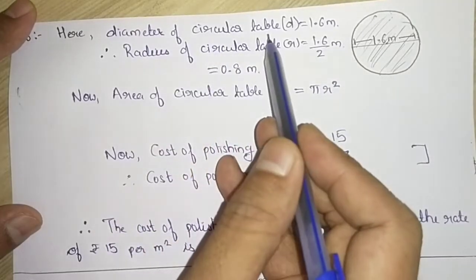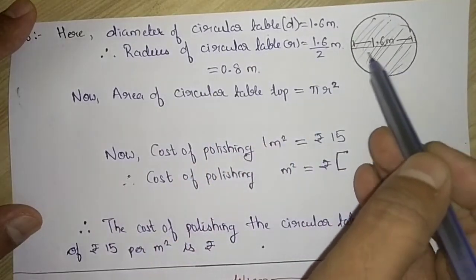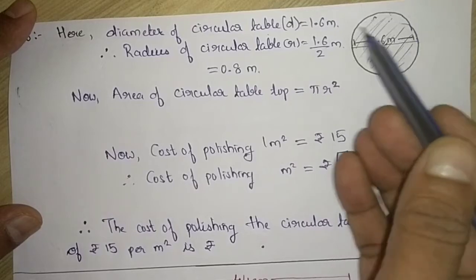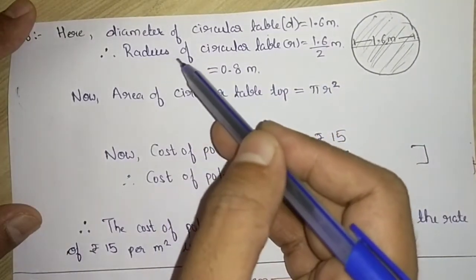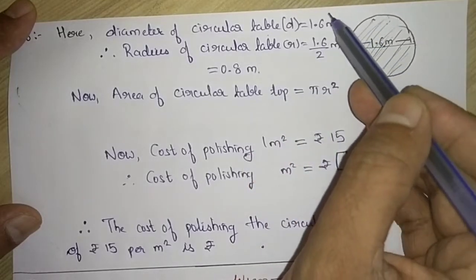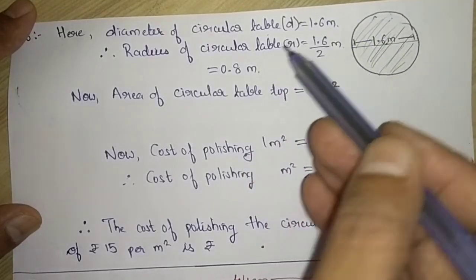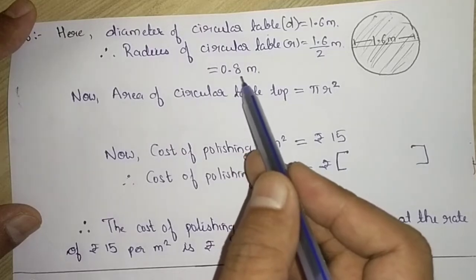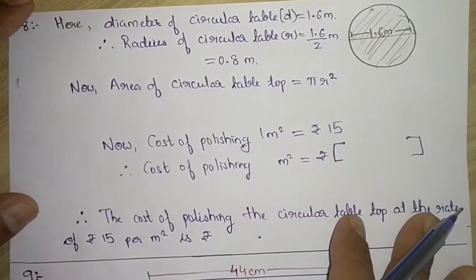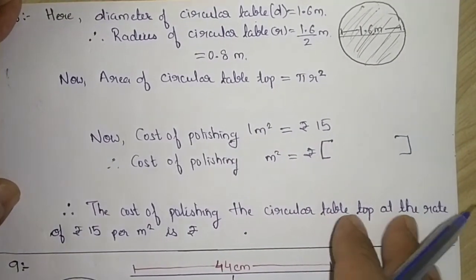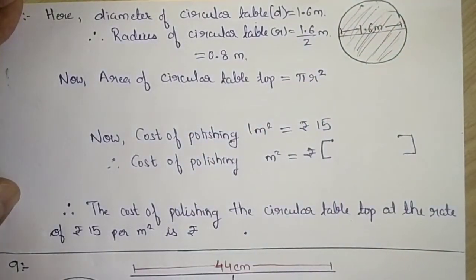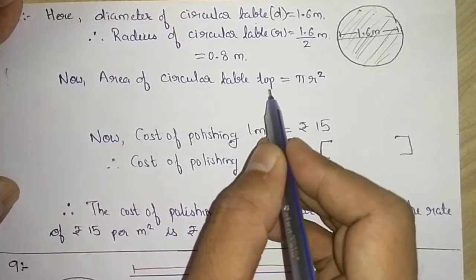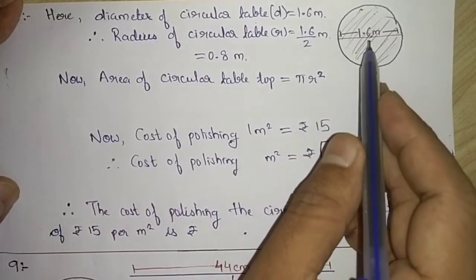Diameter of the circular tabletop is 1.6 meter. So I will require the radius. Therefore, radius of the circular table is diameter divided by 2, which is nothing but 0.8 meter. And as I have told, I am interested in this surface area which is of the shape circle. So I will write area of the circular tabletop is equal to pi r square.